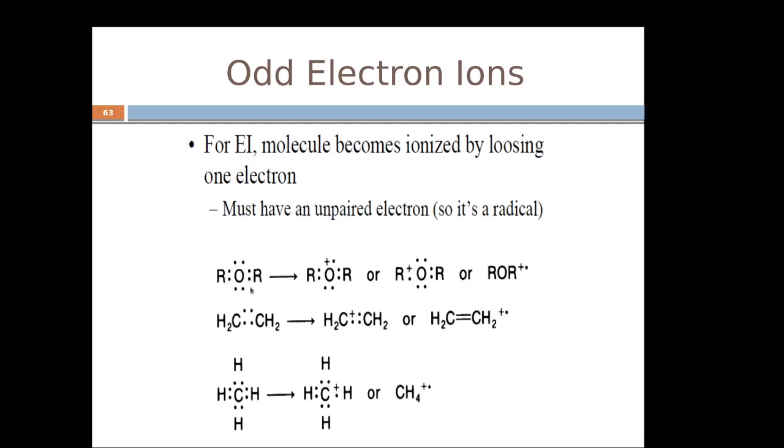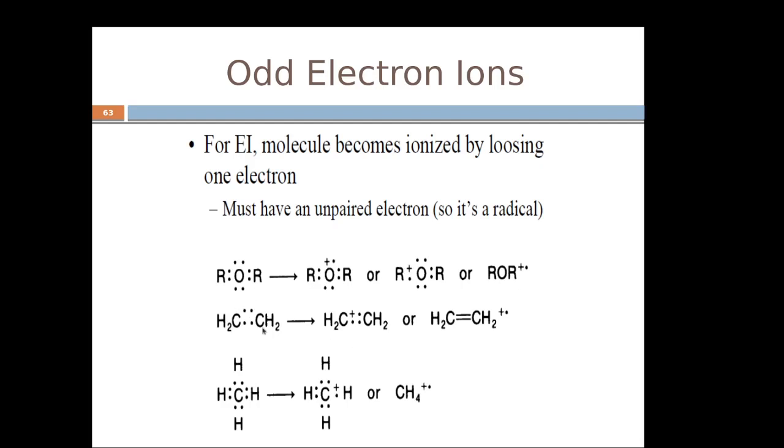For example, in this ether, when it encounters the electron beam, one of the electrons can be removed, most probably from the oxygen lone pair, forming a radical cation here. Or, in one of the rarer cases, one of the sigma bond electrons can be kicked off. Okay, so this is a rare possibility, making a radical ROR dot plus.